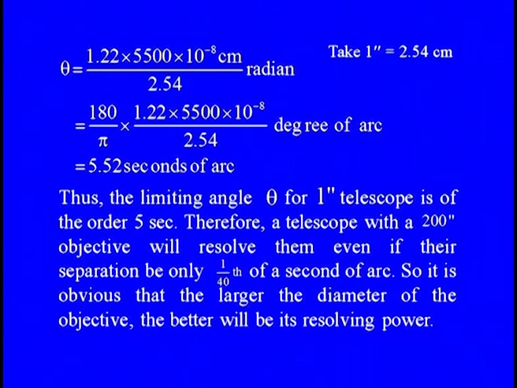Thus, the limiting angle theta for 1 inch telescope is of the order of 5 seconds. Therefore, a telescope with a 200-inch objective will resolve them even if their separation be only 1/40th of a second of arc.